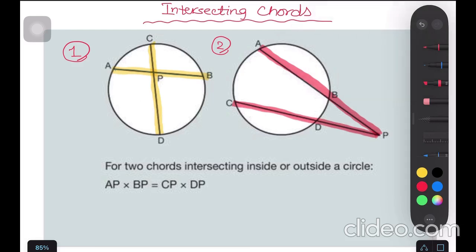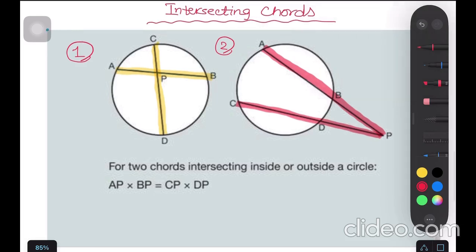For example, if this part is 2 centimeters and this one is 6 centimeters, then chord AB after intersection is divided into two parts, 2 centimeters and 6 centimeters. Similarly, the chord CD is divided into two parts: one is 4 centimeters, and the other is 3 centimeters.